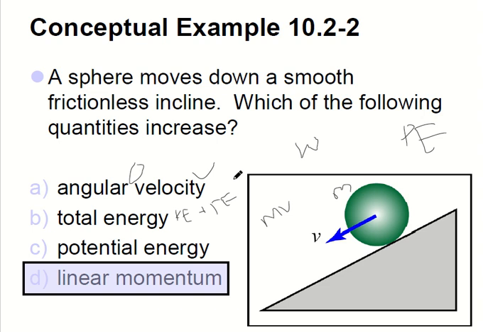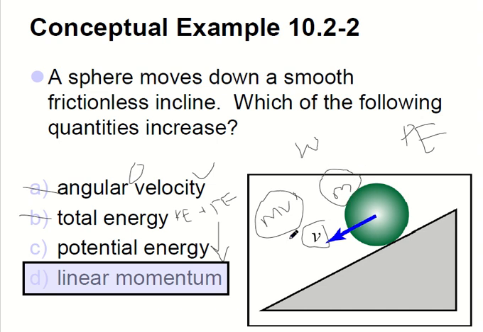Since we're dealing with a frictionless incline, your energy is conserved, meaning the potential energy when it started is going to go into motion, which is kinetic energy. So that's also wrong. Your potential energy will not increase because it will be transferred into kinetic energy. So your potential energy will decrease, not increase. This one will go down. Linear momentum, you have mv, and it is going with the velocity, so that will definitely increase because you're gaining velocity as you slide down.